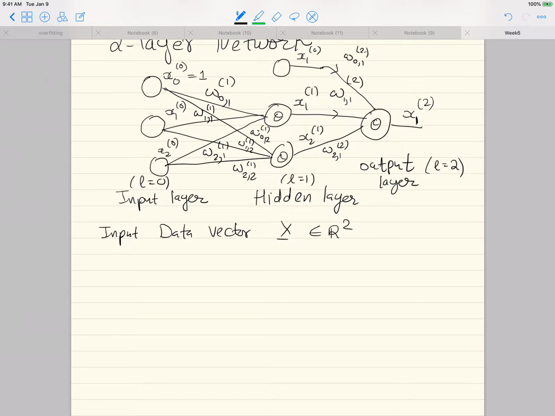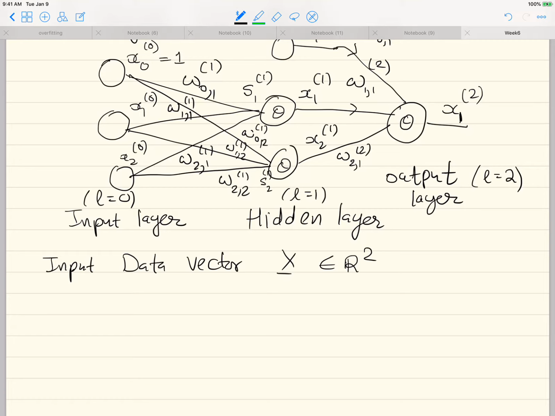Now, the output values from each of the nodes will be denoted using the symbol X. So Xi of L will be the output of node i from layer L. The input will be denoted using the letter S. So this is S1 of 1, this is S2 of 1.